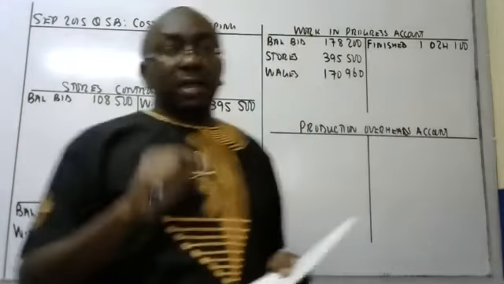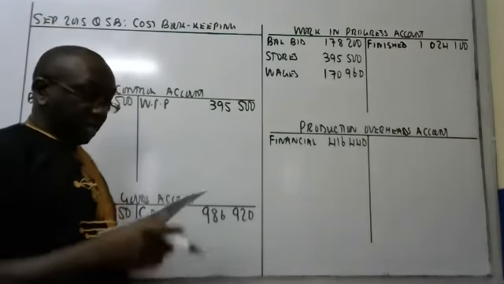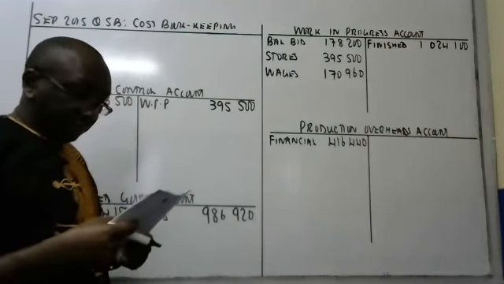So because of the financial ledger, here we paid 440. That is what was paid. When you pay, you debit the overheads account and credit the financial ledger control account, which is not part of our requirements.